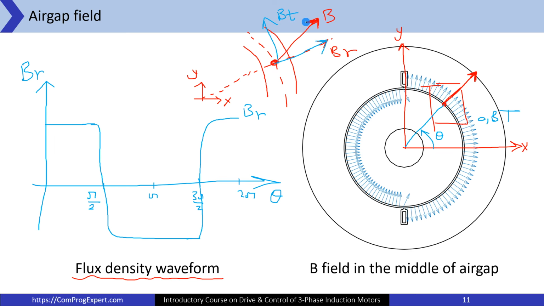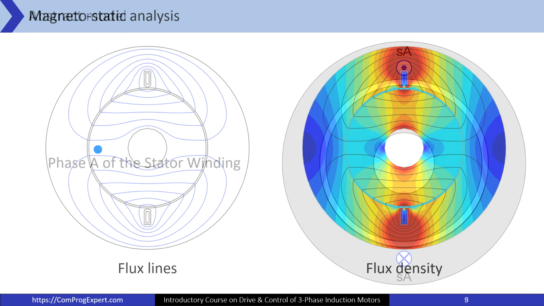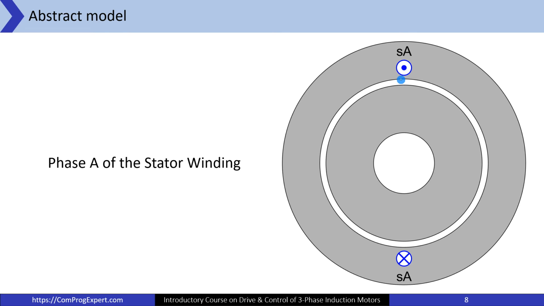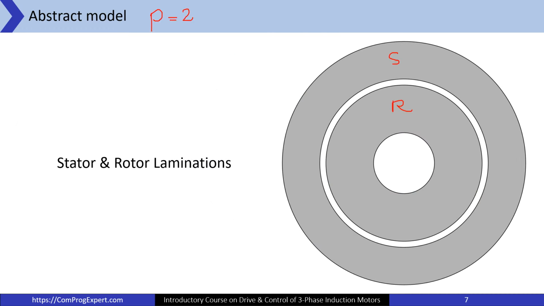You can plot the tangential component also. Why is this flux density waveform important? Because the aim of distributing the current for this phase zone into a number of slots is to have a sinusoidal flux density waveform in the air gap.